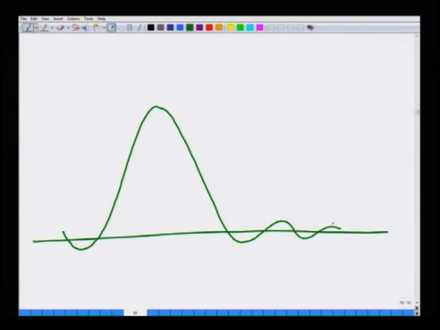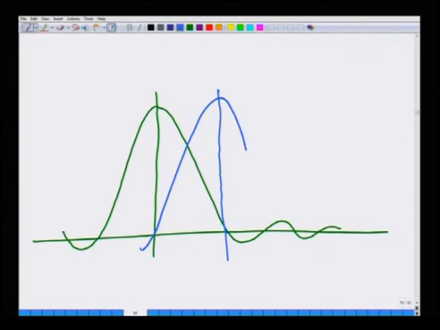I have one subcarrier here, and another subcarrier adjacent to it.